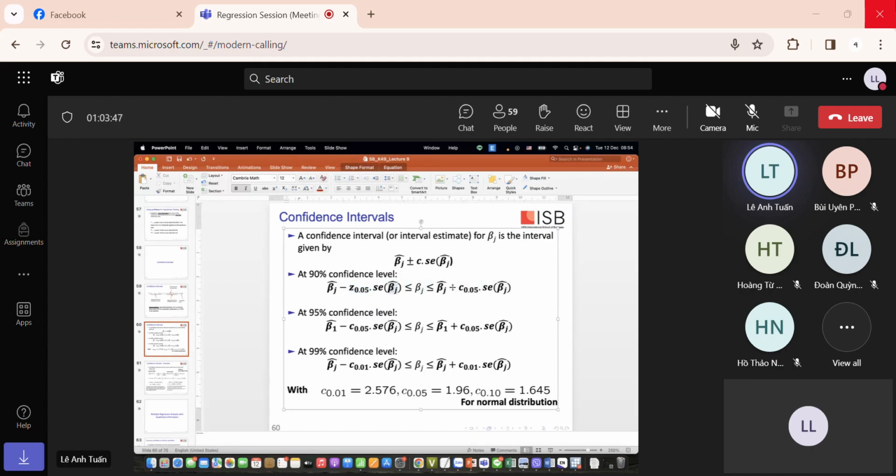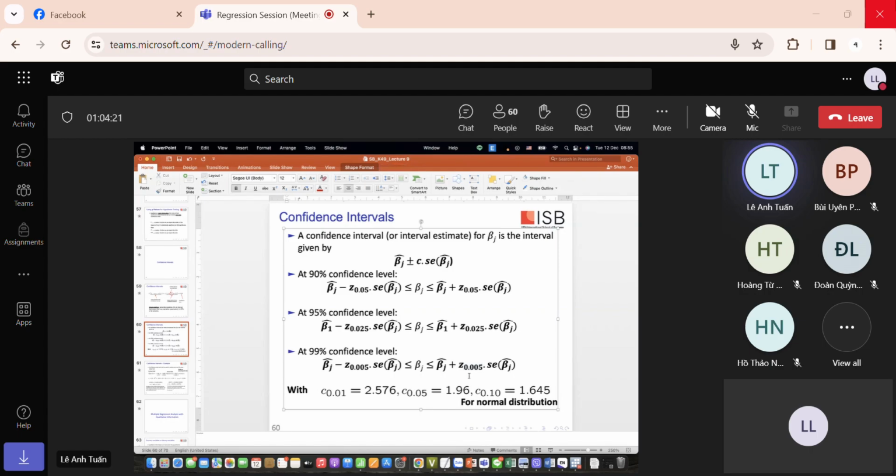Similar here, we have the margin of error, Z alpha over 2, for the 85% level.